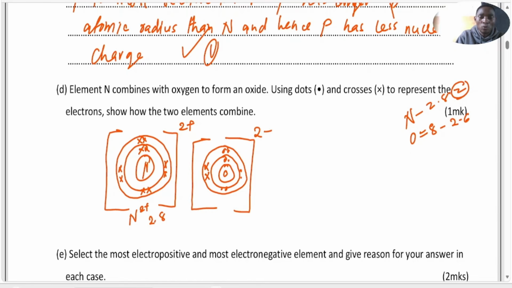And I put 2 negative to show that it has gained 2 electrons, and this is oxygen ion 2, 8. So this will give you a whole 1 mark. So that is how the electrons form, that's how the atoms come together to form the oxide of N.